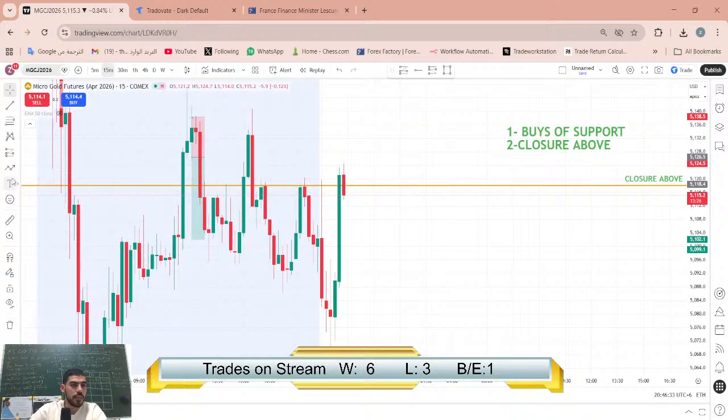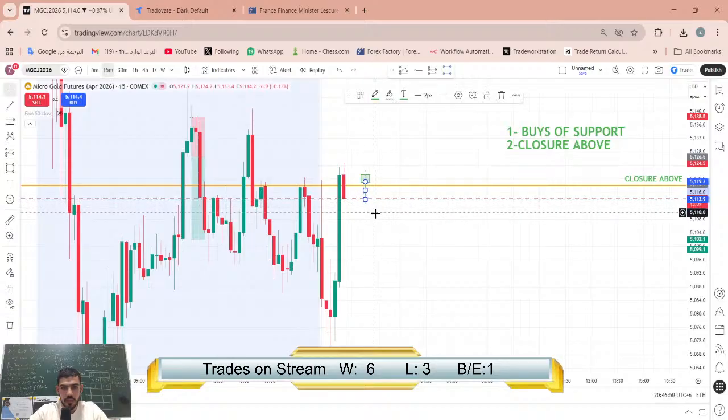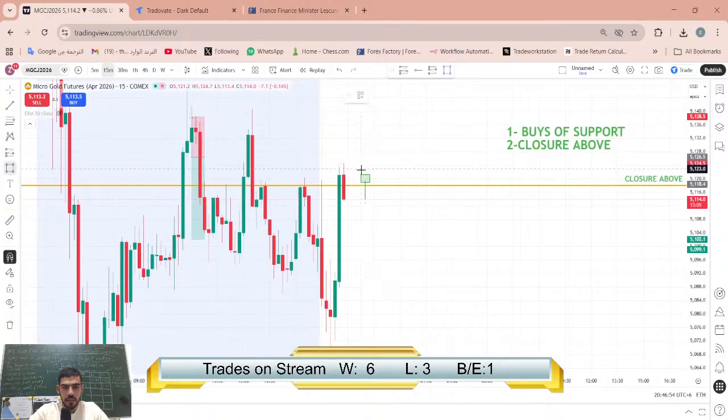So either this candle can close this way. Let me draw it for you. It will be an impulse candle like this, with a wick like this and another wick.